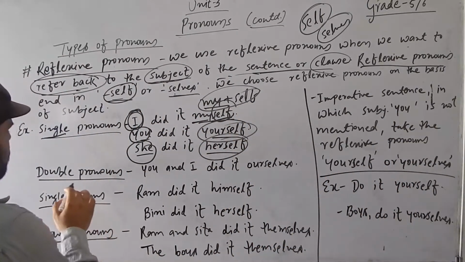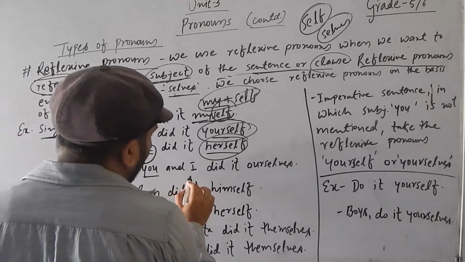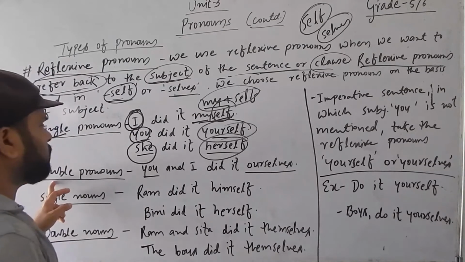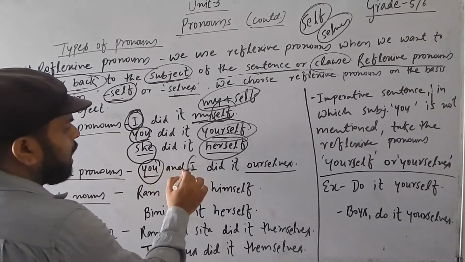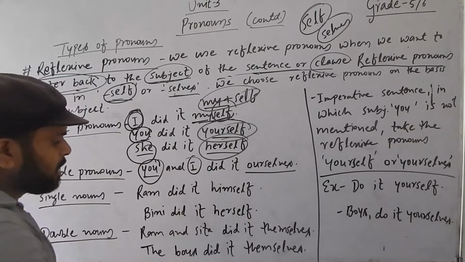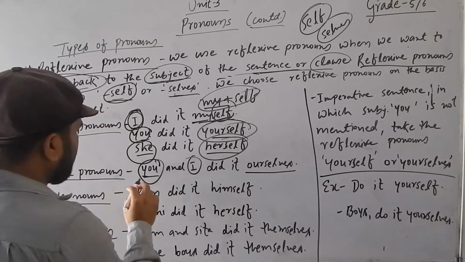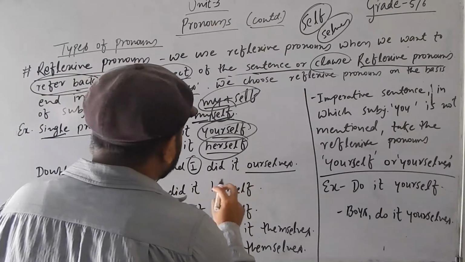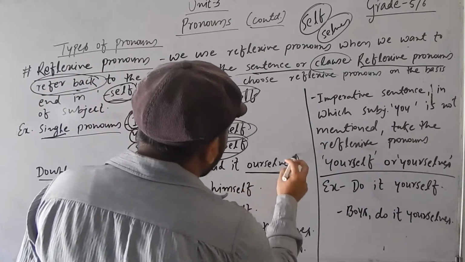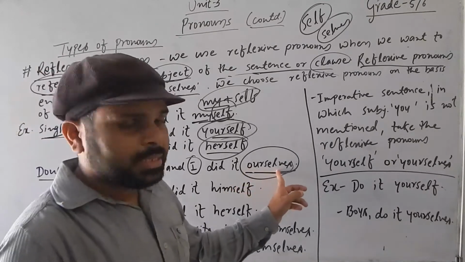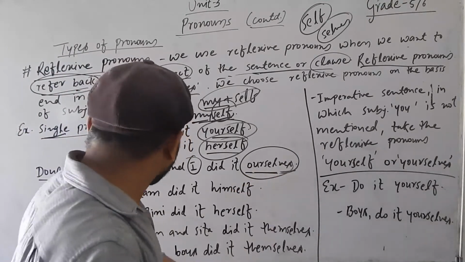Next, double pronouns. You and I did it ourselves. Double pronouns, you and I. In a single sentence, there are two pronouns here. So I and you. You and I did it ourselves. Why? Ourselves, plural.